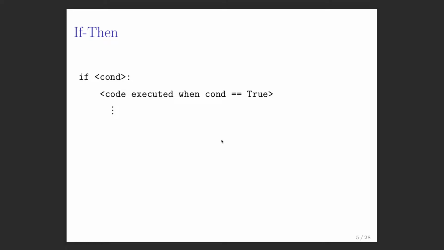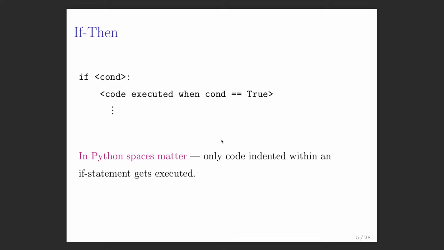Right? So if you want to write an if-then condition in Python, it looks something like this. You say if condition colon, and then everything has to be indented. Right? And then everything that's indented here is considered part of the if code block. So remember, in Python, spaces matter.